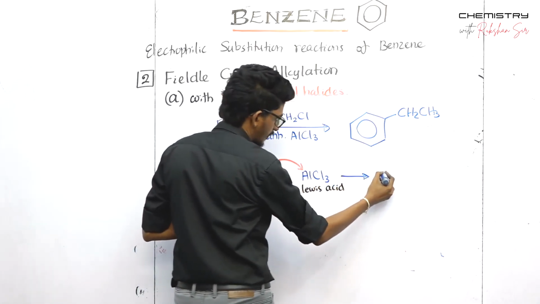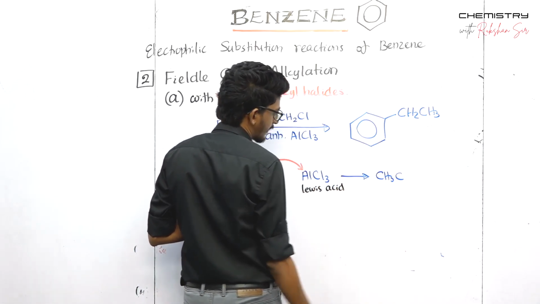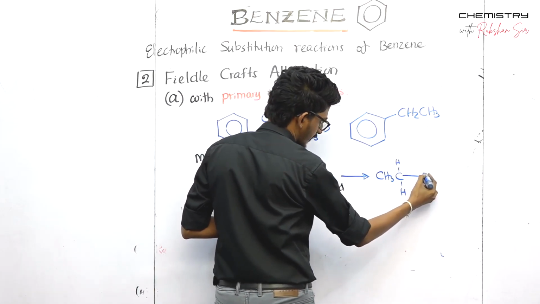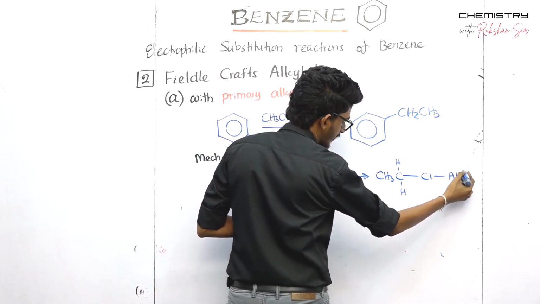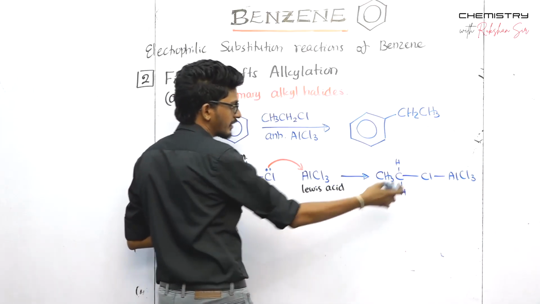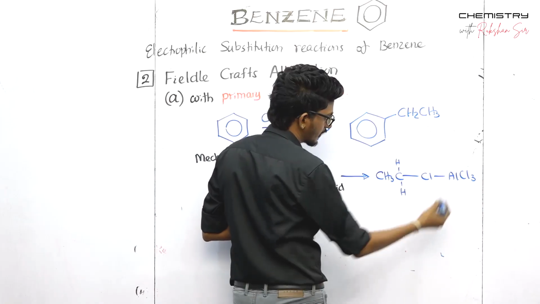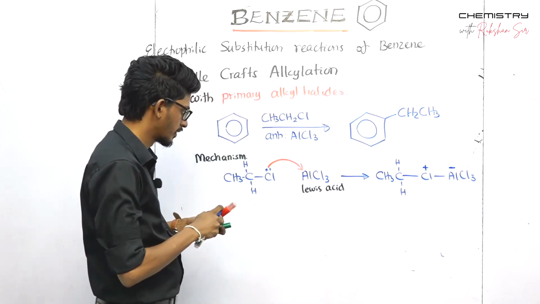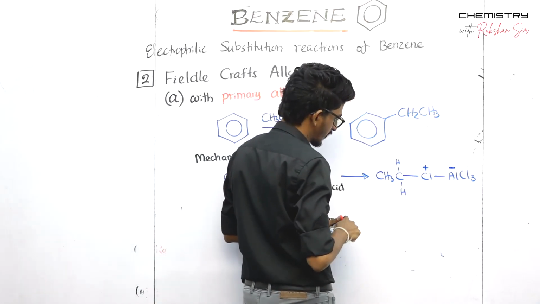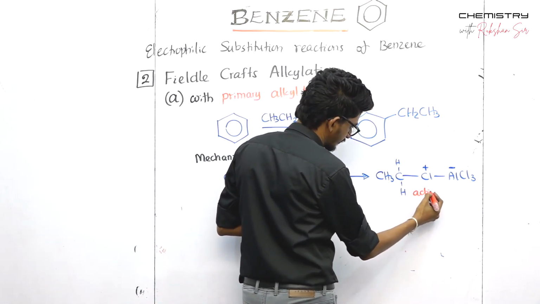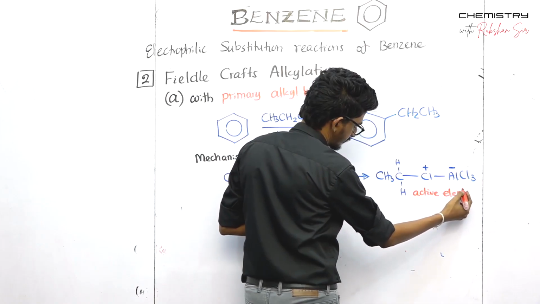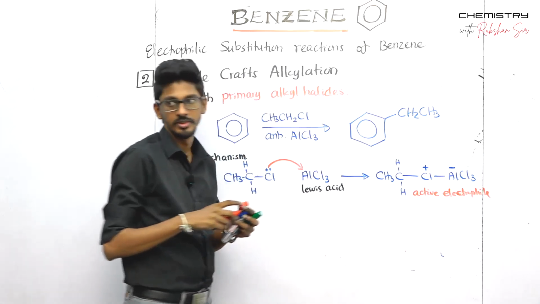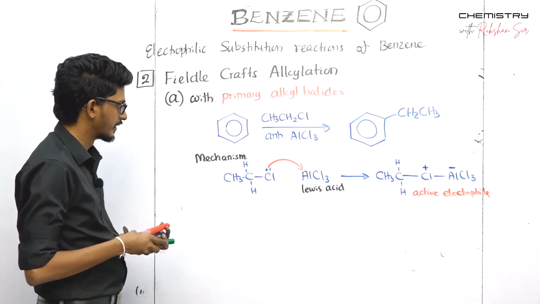You will come up with the CH3, these hydrogens, and the connected Cl and AlCl3. As this one is a kind of dative bond, this guy comes with a minus and this guy comes with a positive. This is your active electrophile. Okay, that is the first step.